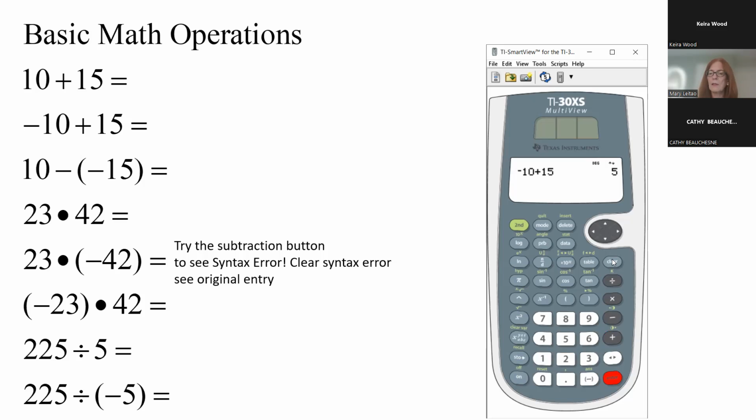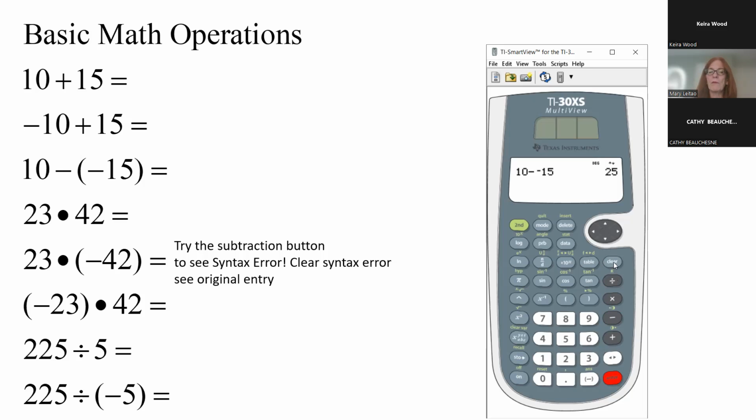Okay, and then I'll clear that problem and do the next one, which is 10 minus a negative 15. So 10 minus, and as I was saying earlier, some students will do minus a negative 15 like that without parentheses. The reason for this is when you subtract a negative number, you're actually adding the number.